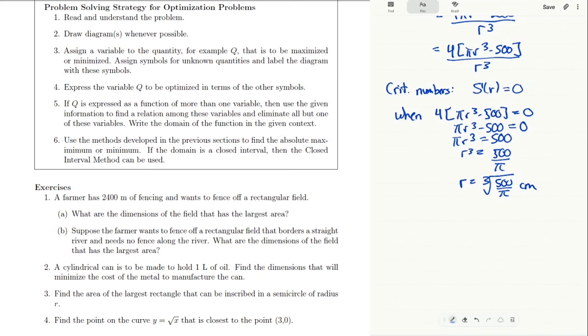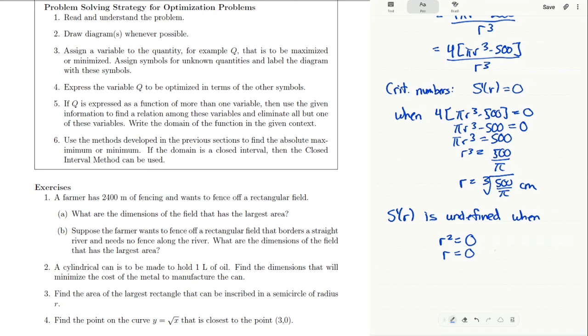Let's also consider the case when the derivative is undefined. The derivative is undefined if the denominator is equal to 0. So if r squared equals 0, then the derivative is undefined. Solving for r, we get 0 as our value.